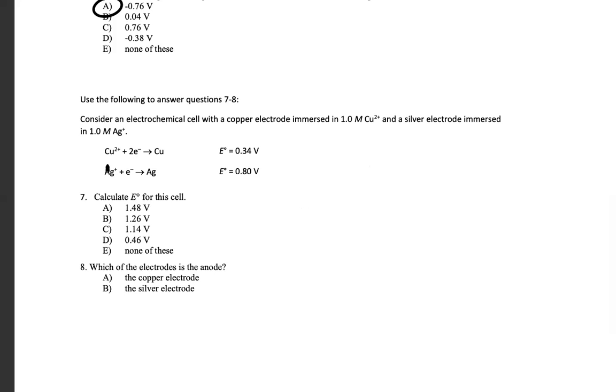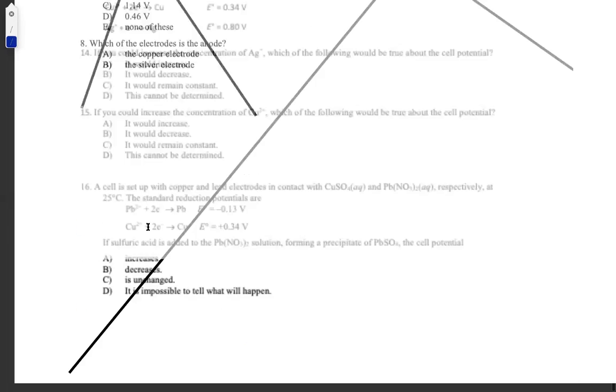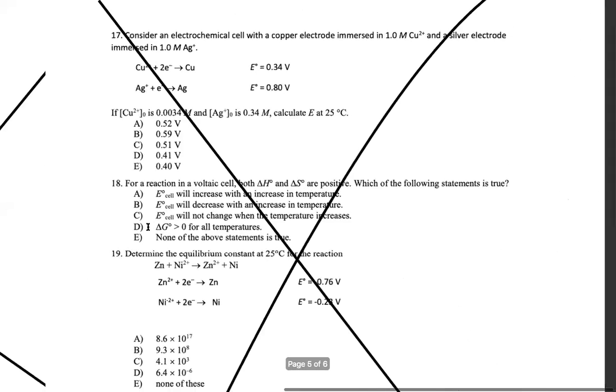This is one of the backwards ones because they're both viewed as forward reactions where they're gaining the electrons, but we need to think beyond the box. 0.34, 0.84. Trying to think back. No, this is another one she'll do on Wednesday.